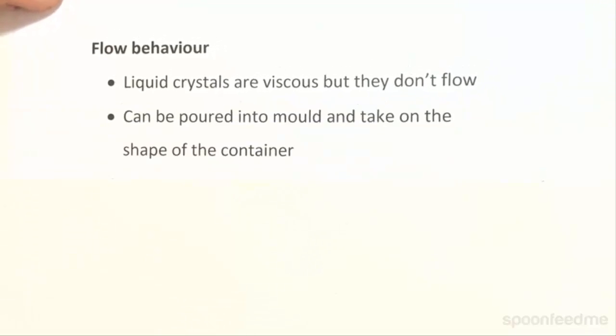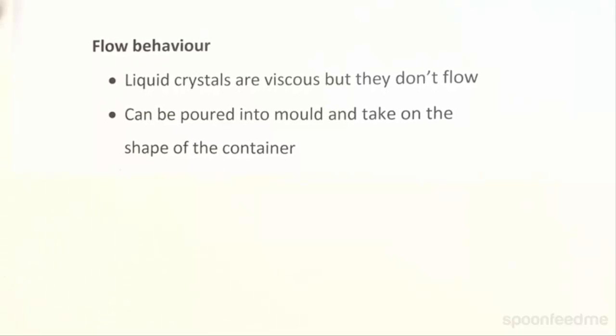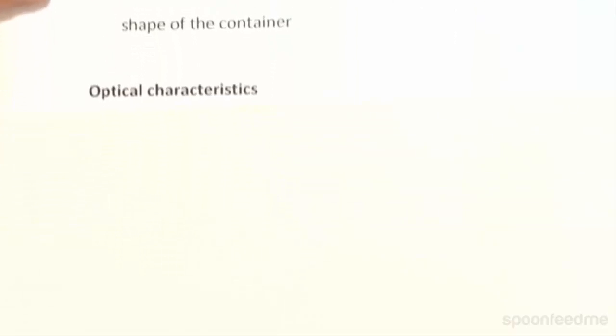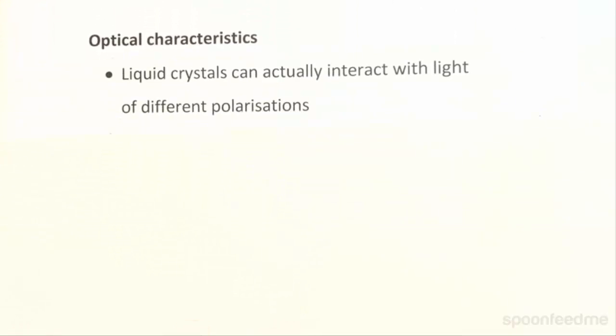They can be poured, for example, into a mold and take on the shape of that mold. As well as this, they also have particular optical characteristics. Liquid crystals can interact with light of different polarizations, that is, light that has waves at different orientations to each other. That's an important point as well.